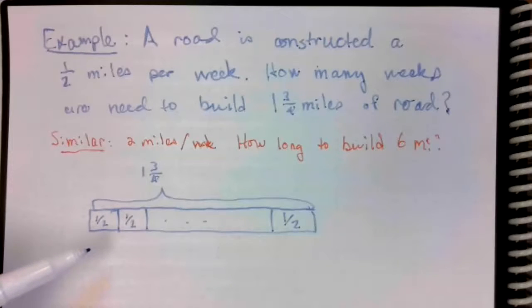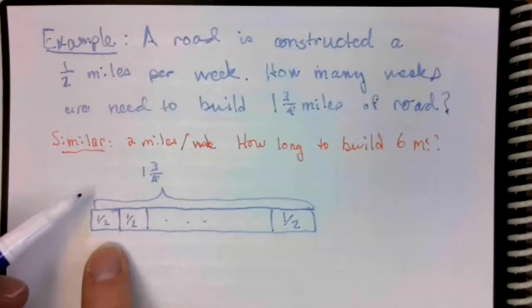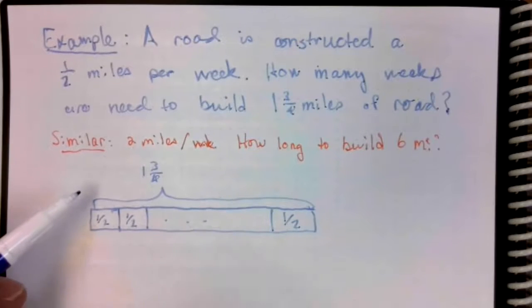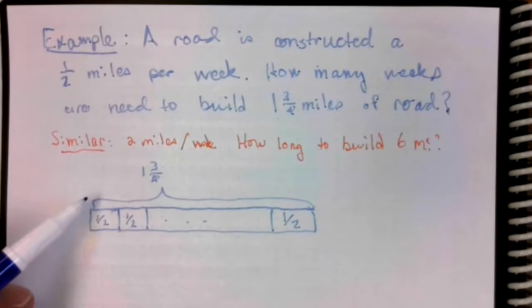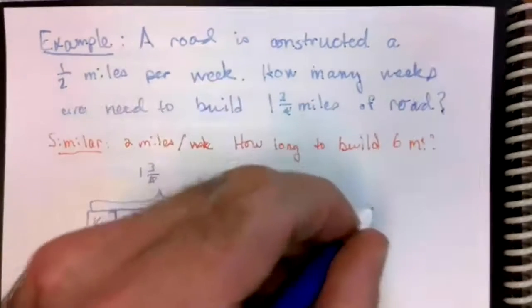It's kind of in the name. Right, part. Partitive was asking how big is the part? Well, here we know how big the part is. You build 1/2 mile of road per week. That's the part that you do each week. The question is, how many parts are there? Okay, so this is measurement interpretation.